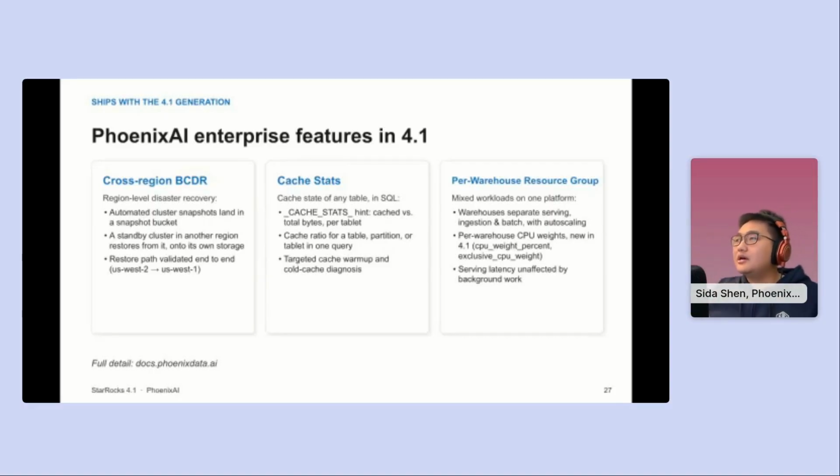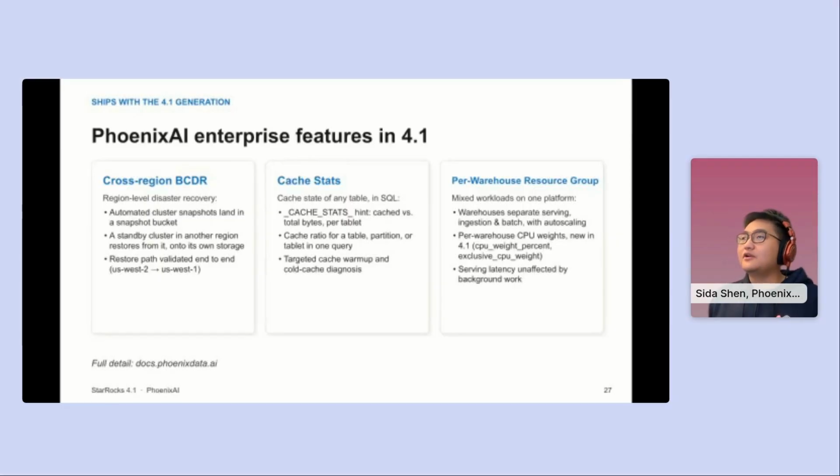And more rich cache statistics, right? Say cache versus total bytes per tablet, cache ratio, and all of the other good statistics that we have, just for PhoenixAI, and also per warehouse resource group, right? It's supported in 4.1 StarRocks Enterprise Core with PhoenixAI.